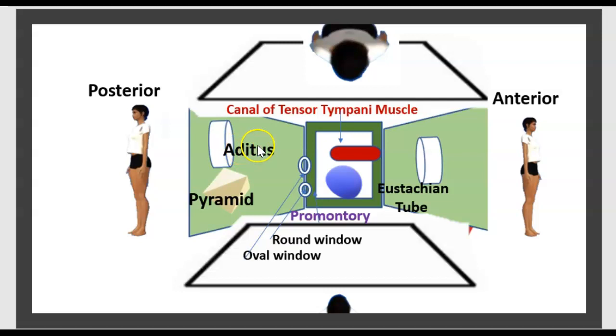Here the aditus, the pyramid, the eustachian tube, the round window, and the oval window. The most important structure here, under the canal of the tensor tympani muscle, is the promontory. This is the landmark of the tympanic plexus.